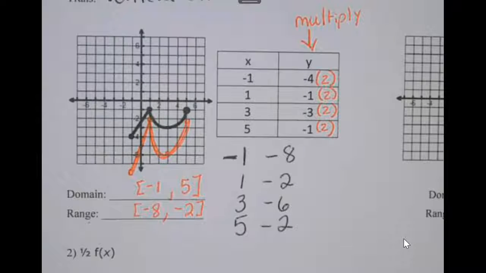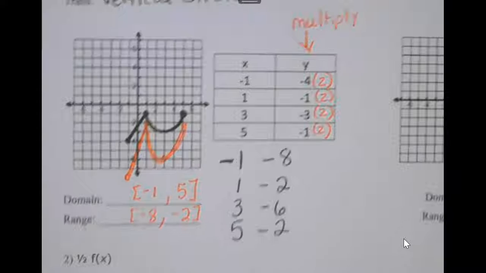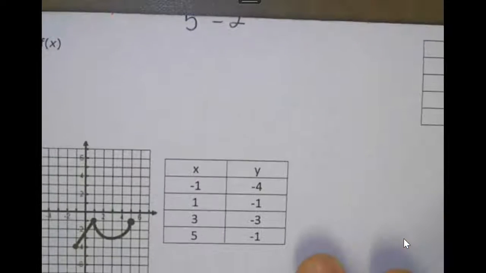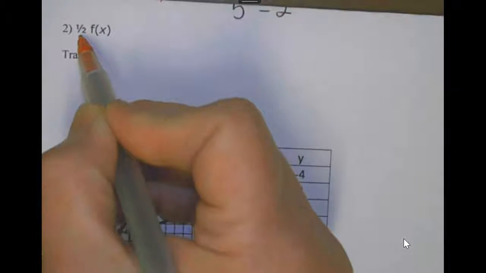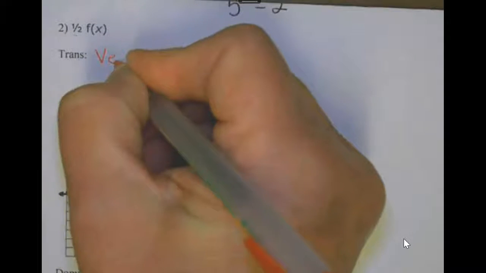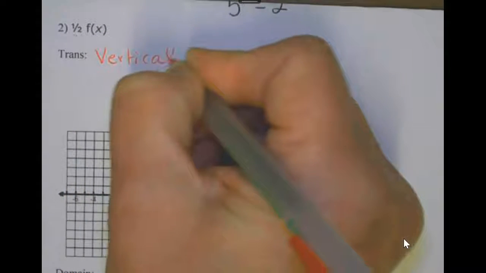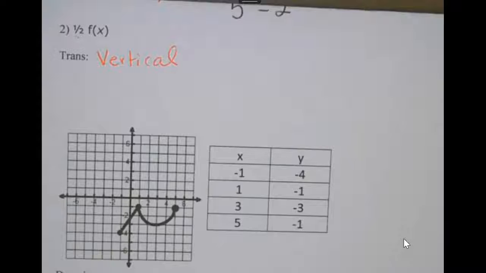The next problem we're going to look at is problem number 2. On problem number 2, what is that 1/2 out in front going to do to our problem? So, if you have a number out in front, it's going to make either a vertical stretch or shrink.